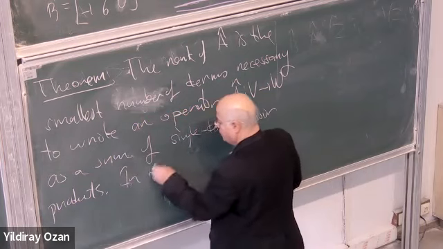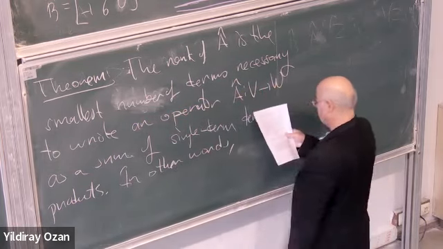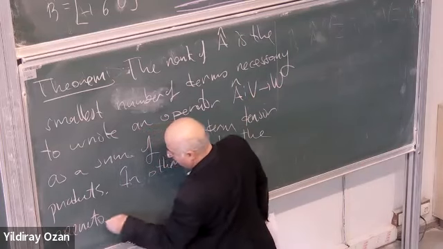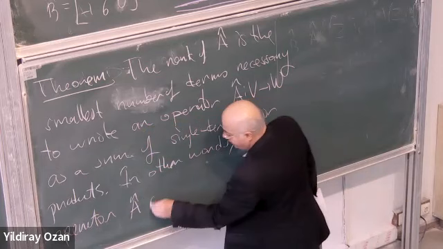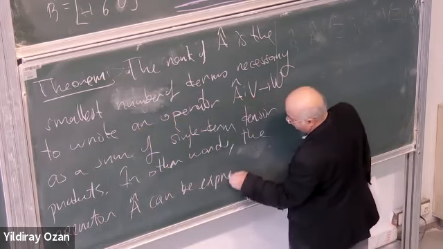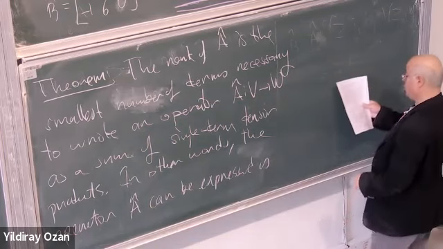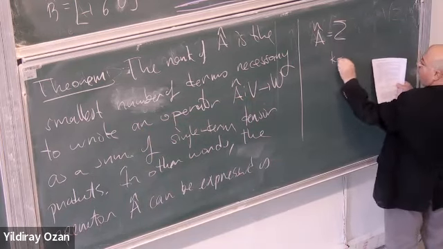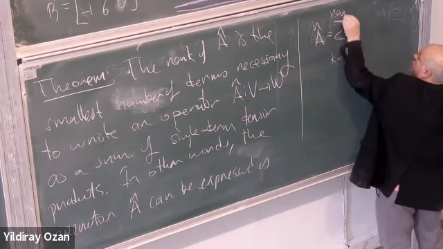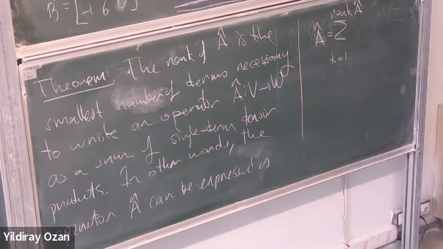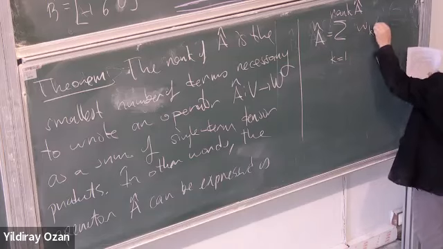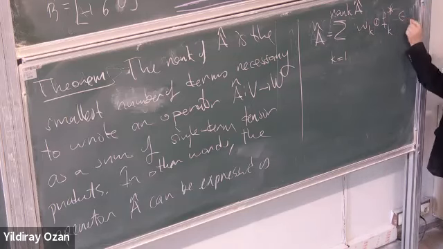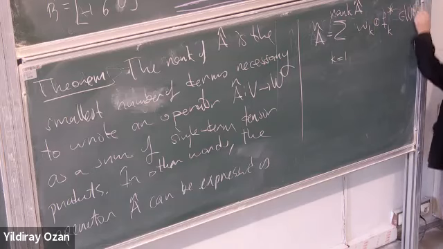In other words, the operator A hat can be expressed as a sum from 1 up to the rank of A hat of the W_k and f_k star, as an element of the tensor product of W with V star, right?